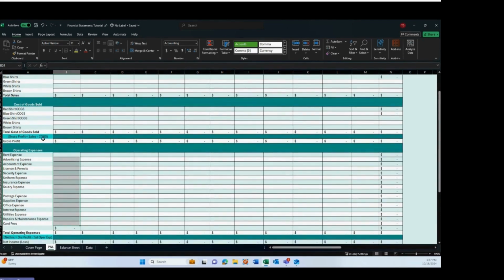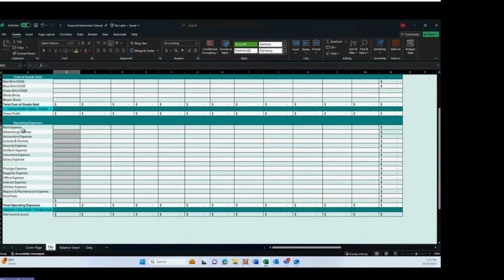And under cost of goods sold, we have our operating expenses, and these are pretty self-explanatory. This is going to contain things like your rent, your advertising expenses, your insurance expenses, uniform expenses, office expenses, supplies expenses. Many different types of expenses are going to go down here.